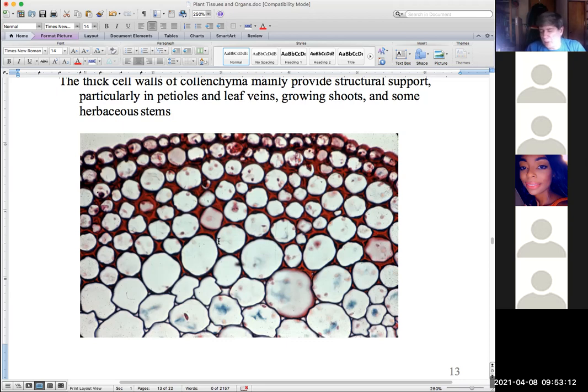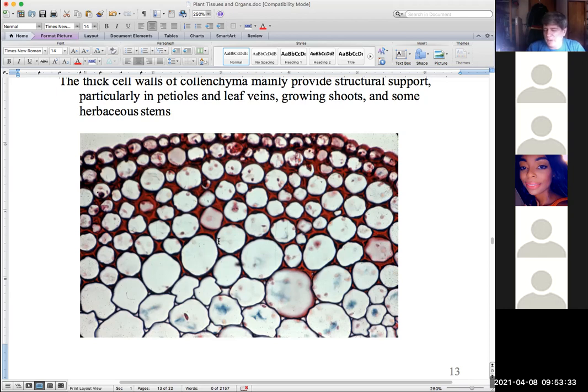So wood can support a plant, but collenchyma is important in plants that don't make wood. It's especially important in leaves, even in woody plants. And it's important in something called the petioles. The petiole is that kind of stalk that attaches a leaf to the main part of the plant.